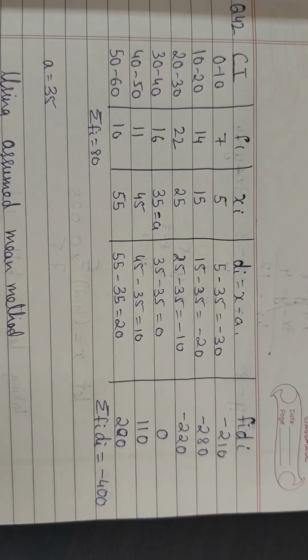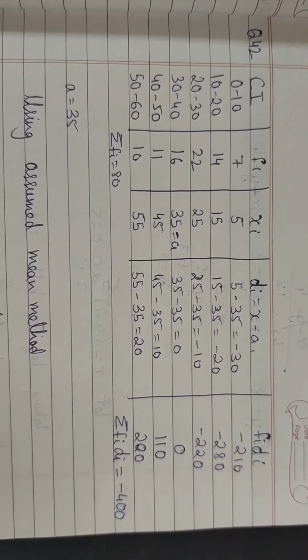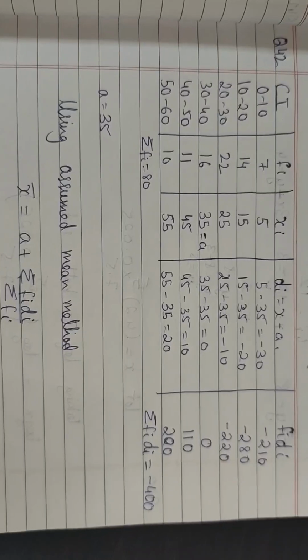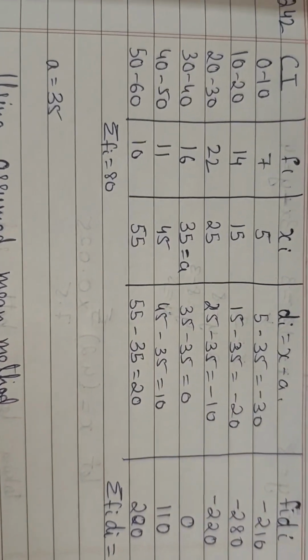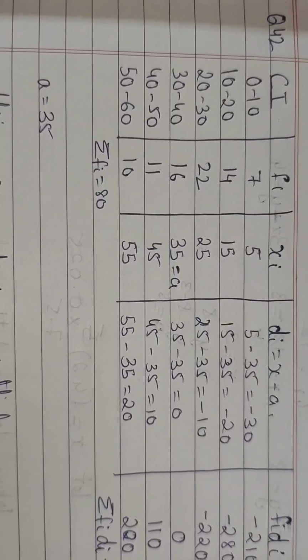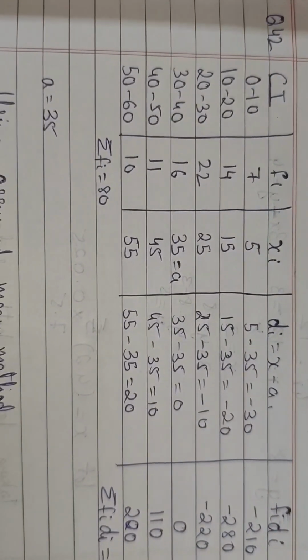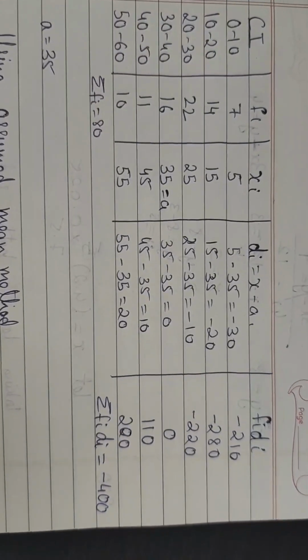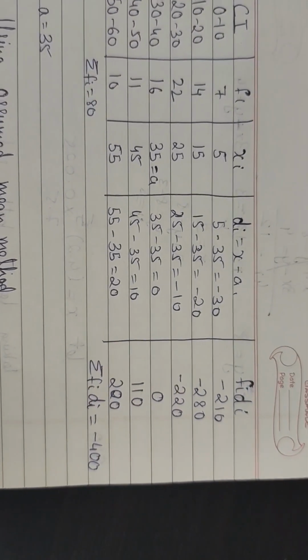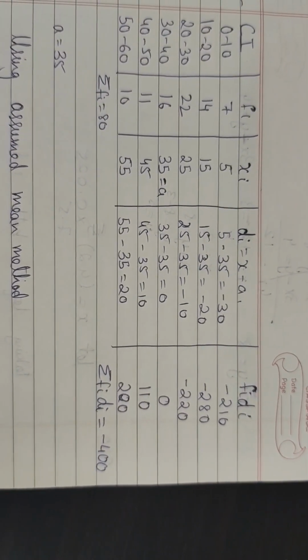Please see the solution, how I have done it. Then summation fi is equal to 80, and a is 35. They have given us the class interval 30 to 40, so my a will be 35, then I have subtracted. Then I have multiplied fi by di.